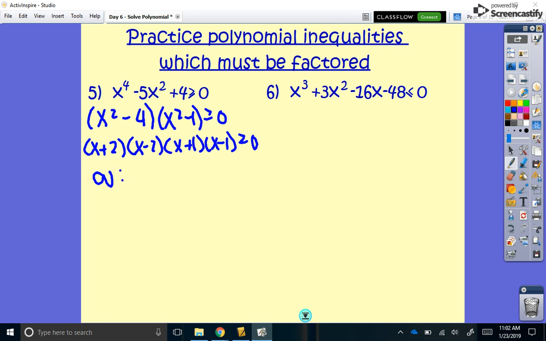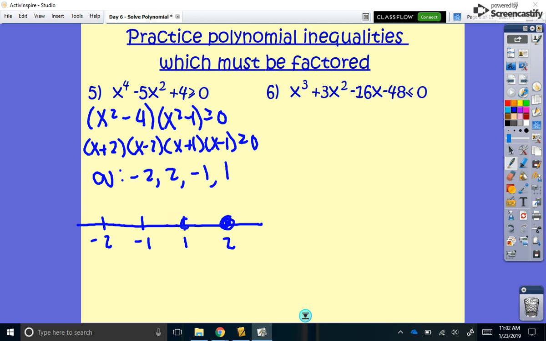So my critical values are negative 2, 2, negative 1, 1. So this sign chart is going to be a little bit more involved. These are all closed circles.